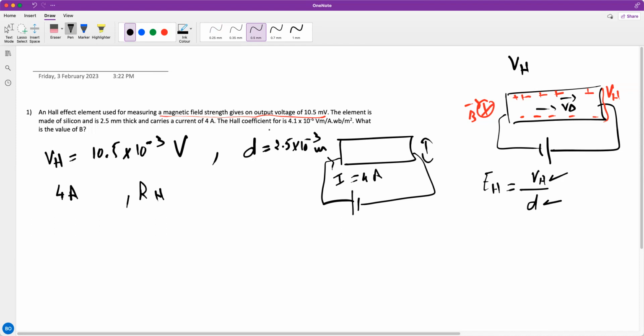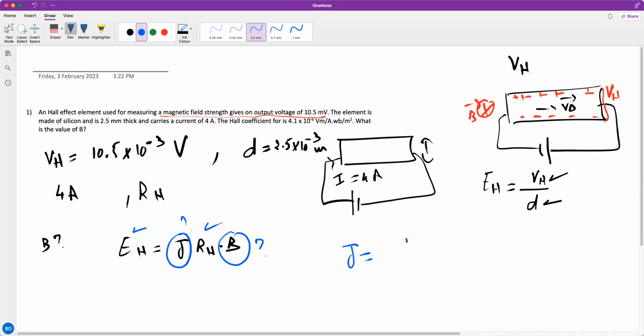We want the value of B. We know that the Hall electric field is equal to J R_H B. Are you following? Yes, doctor. This is given, and we need to find J.